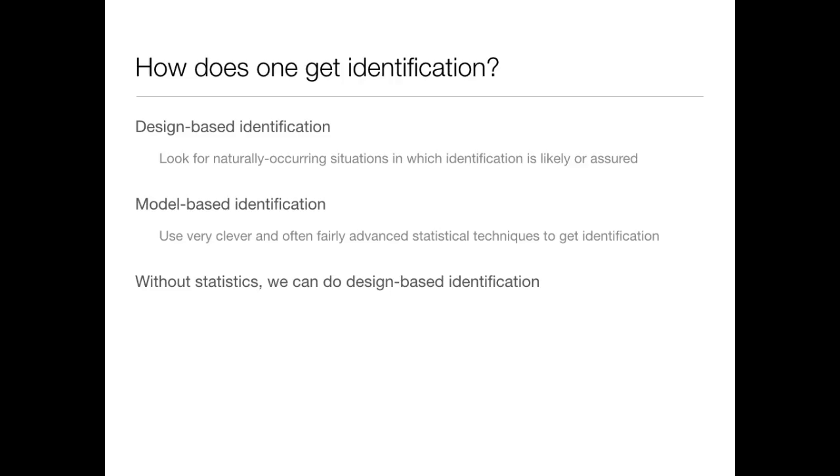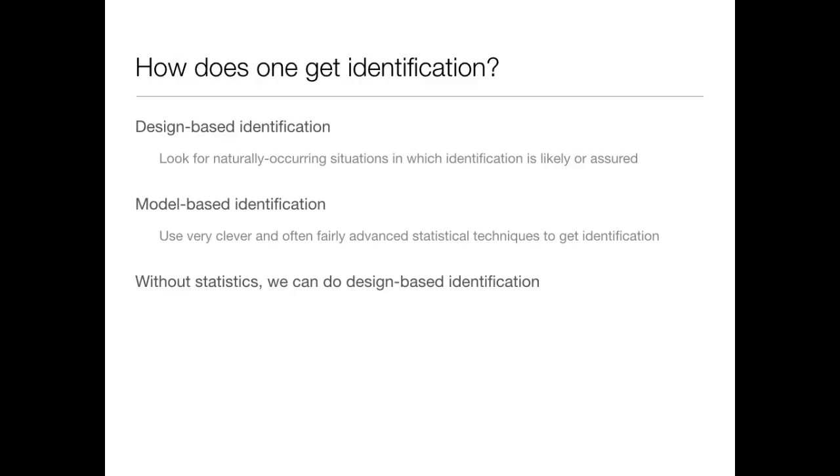So how do we do it? How do we get identification? There are, in general, two ways. The first way is to use research design to get identification. That is, you look for situations that naturally occur, sort of natural experiments, for example, in which you can be fairly certain that you've got identification. Another way to do it is using statistics.